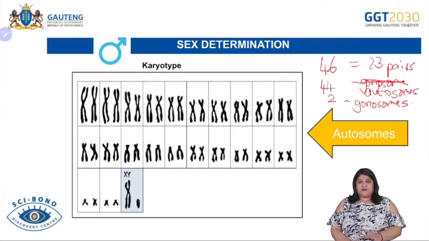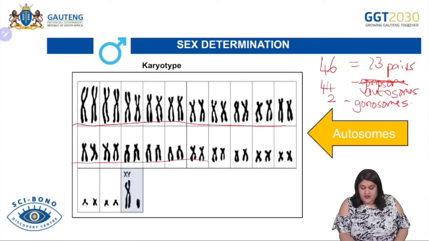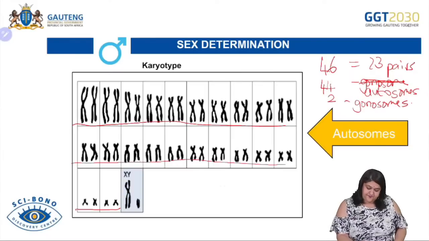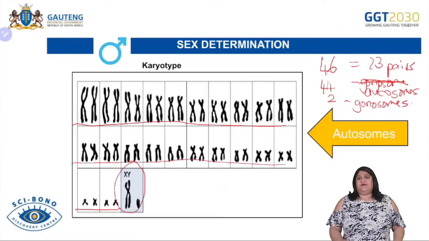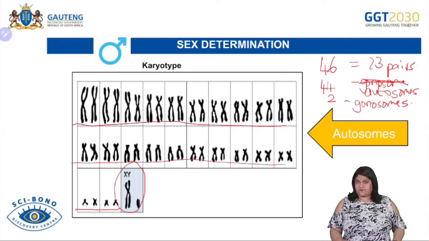In this particular karyotype, they are showing you all 23 pairs, all 46 chromosomes. All of these here, all the way until here, are the autosomes. These are the gonosomes, and these determine whether the individual is going to be male or female.